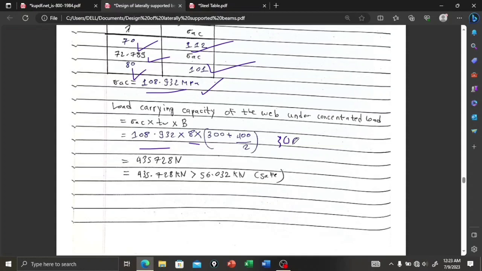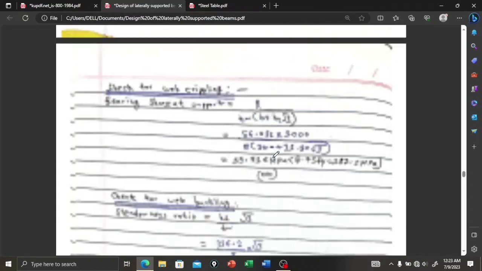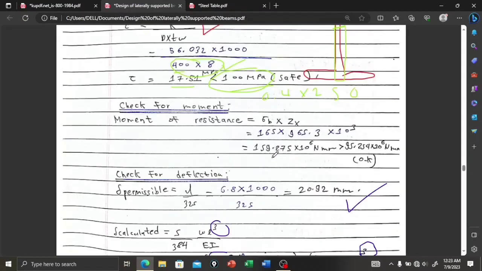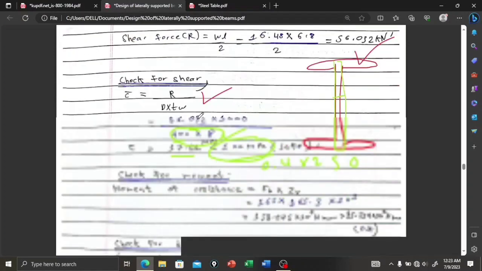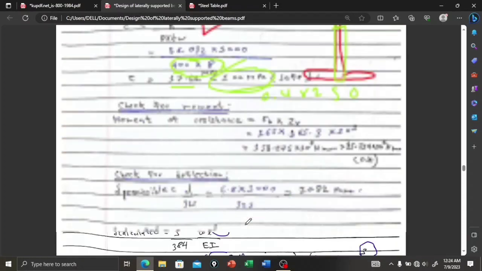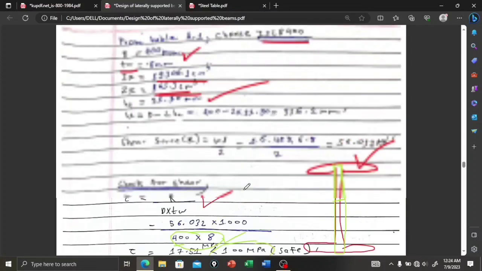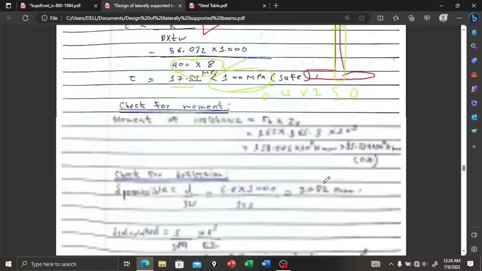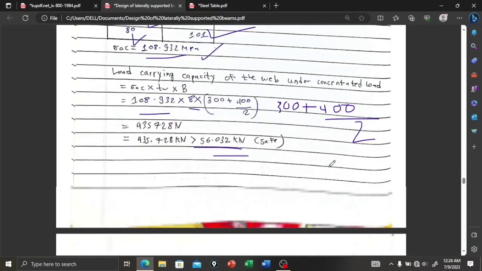This is bearing width, 300 plus the section depth, 400 divided by 2, so 300 plus 200, it is 500, into 8 into 108.932, that is 435.728 Newton, which is greater than this 56.032. So safe.